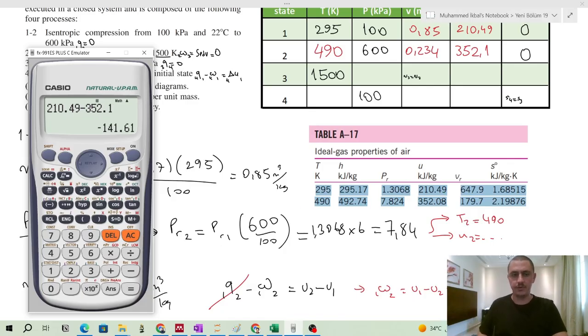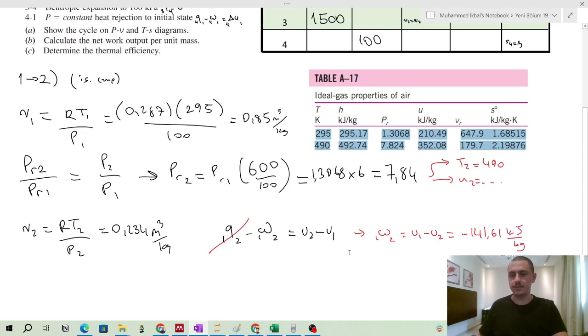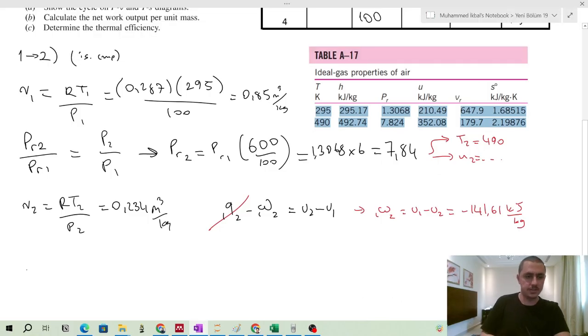So here I have negative work, right? Negative work means the work done on the system, in kilojoule per kilogram. This is the first work. But just leave it here. When I need to find the net work or other parameters, I will come back and collect these values. But for now, we just need to go through the other processes.